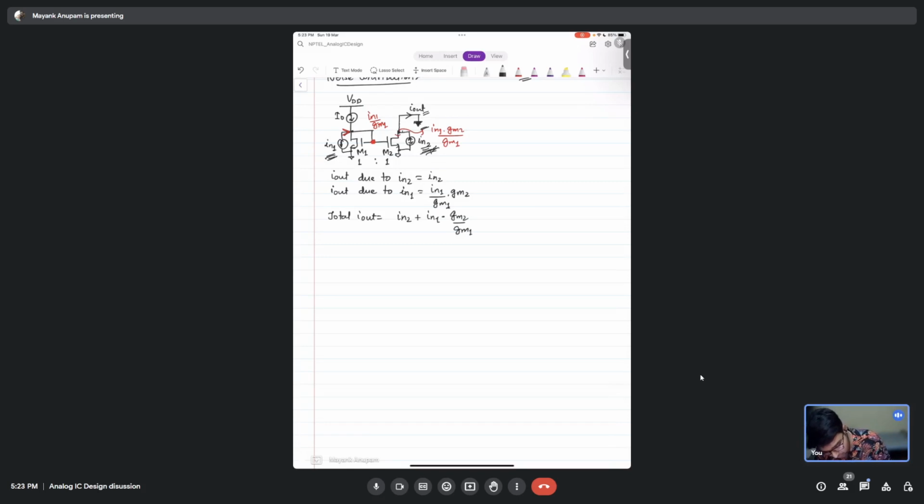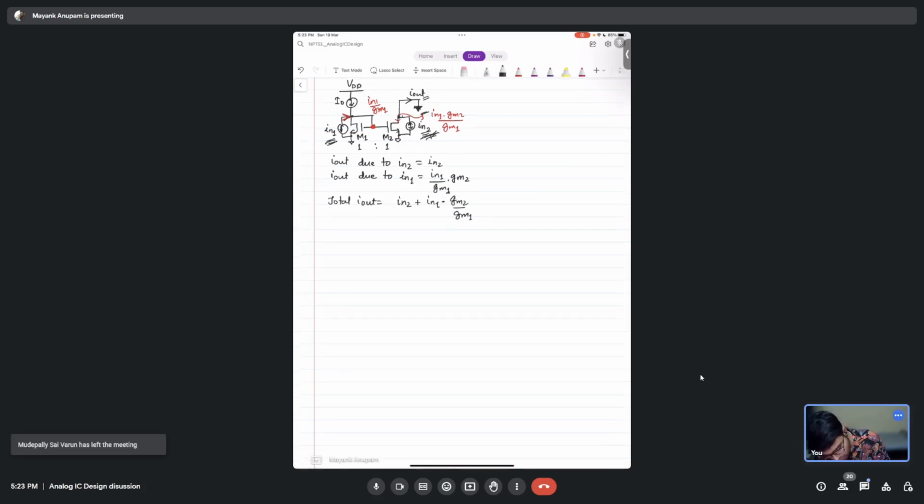But since it is a 1:1 current mirror, what do we have? gm1 equal to gm2, right? And what is the expression for gm1 equal to gm2?